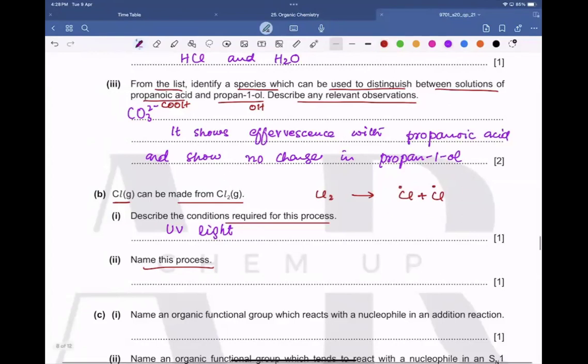Yes. So it's a bond breaking. And which kind of bond breaking? A homolytic breaking. It's a homolytic breaking, or you can call it homolytic fission as well.